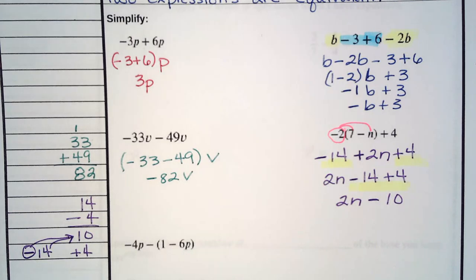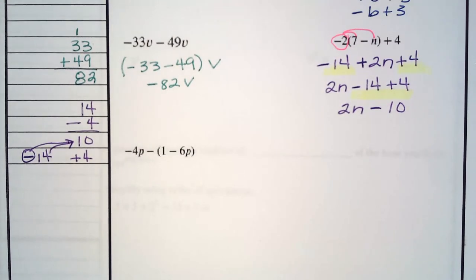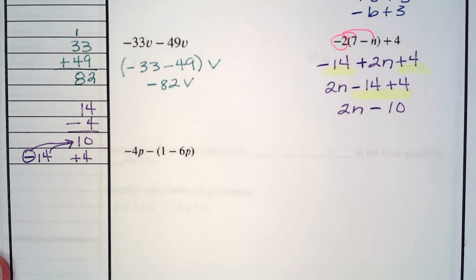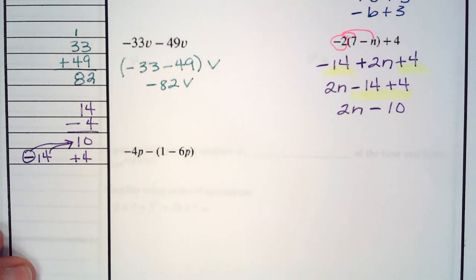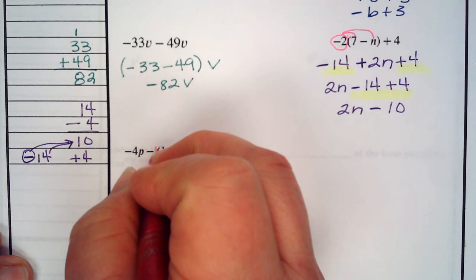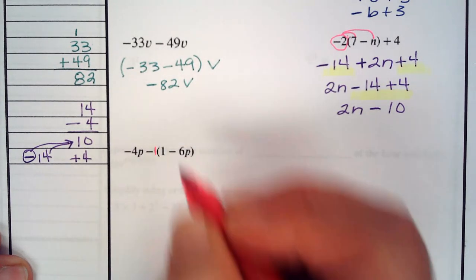Okay, I want you to pause the video. Can you do the last one? Can you do the distributing on the last one? If it is not there, it's understood to be negative what? Negative 1.